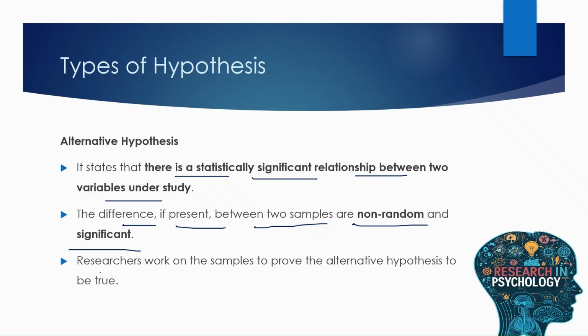Researchers work on the samples to prove the alternative hypothesis to be true. And researchers were working on the sample to prove that null hypothesis is false, right? So remember I said that hypothesis may not always support research. This is the reason null hypothesis does not support the research.